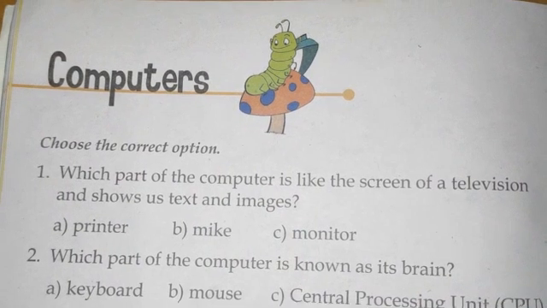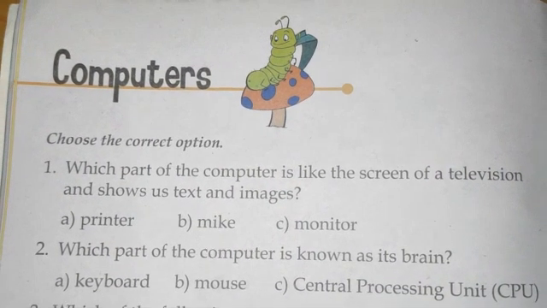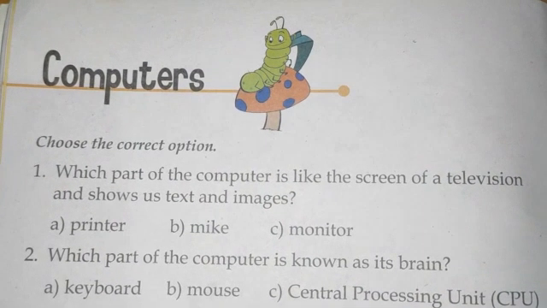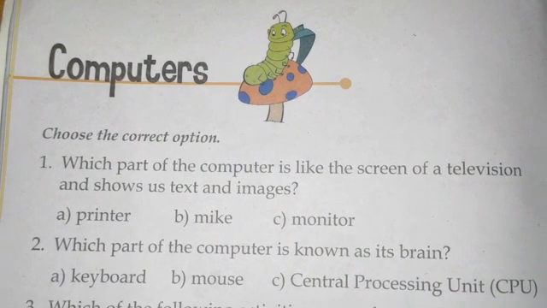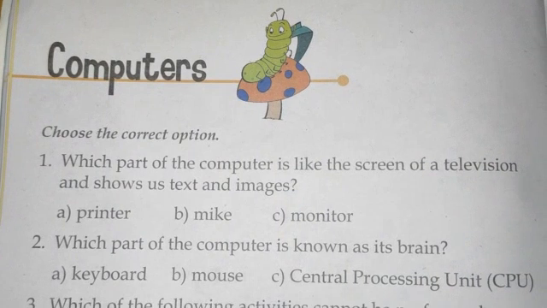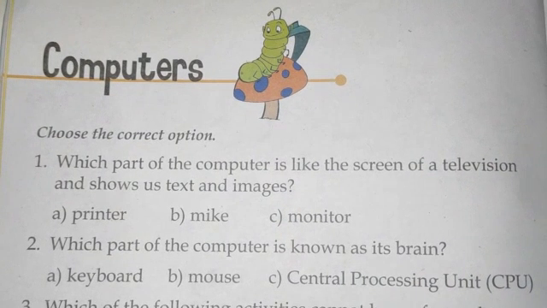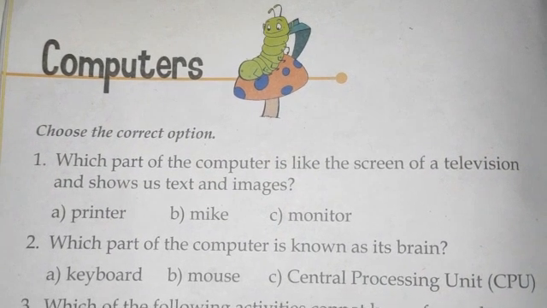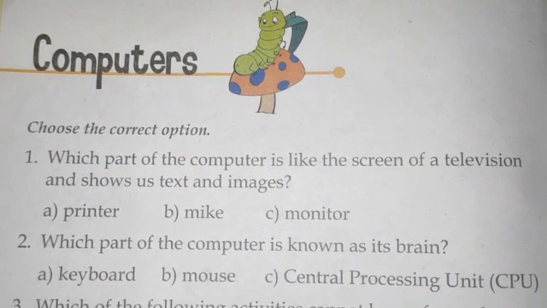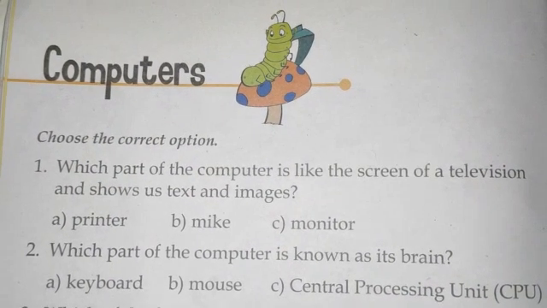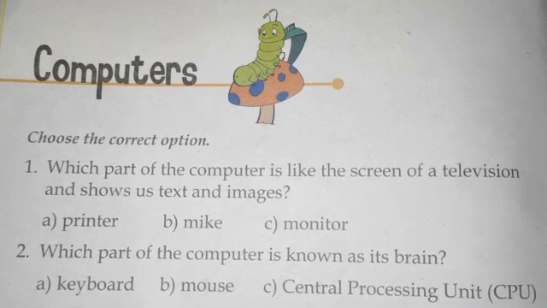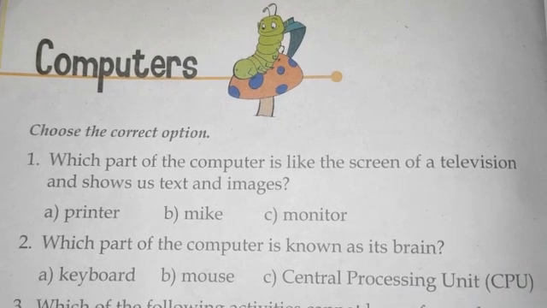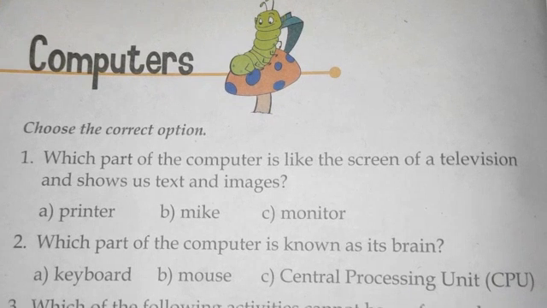The next part is your CPU, which is also known as the brain of computer. It's a rectangular box-like structure which stores information and conveys information to the computer.